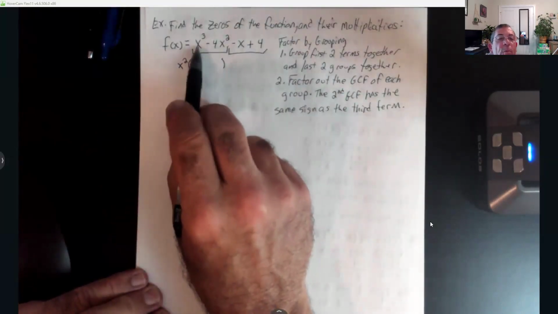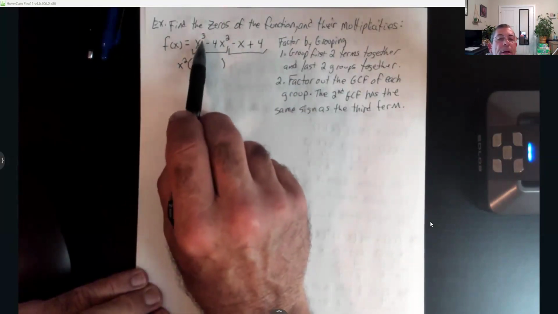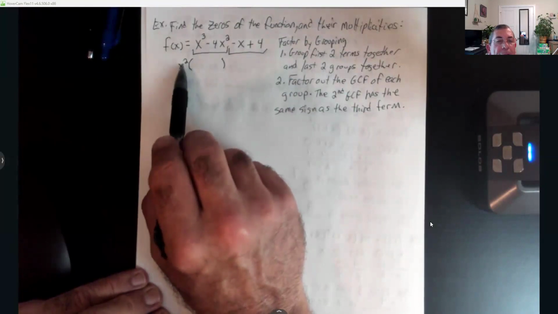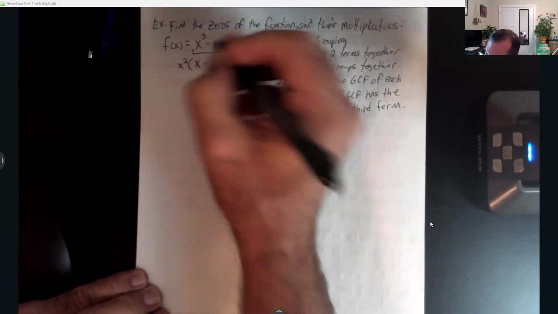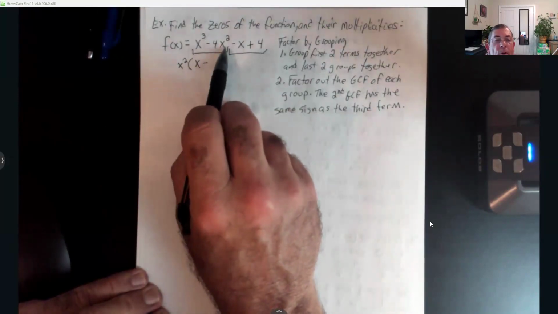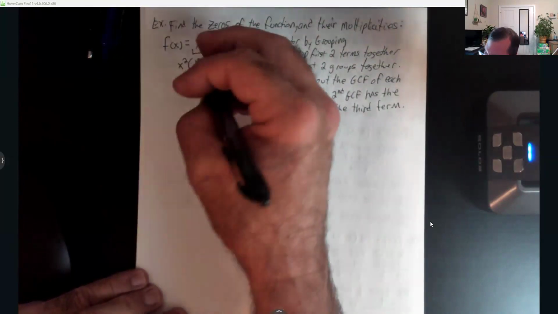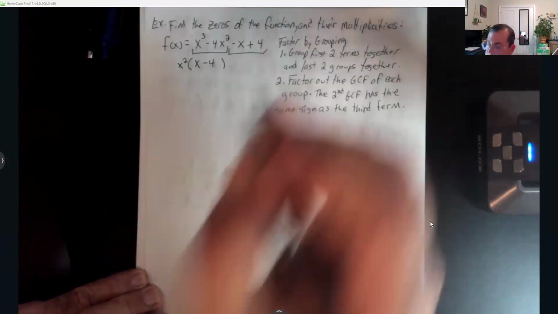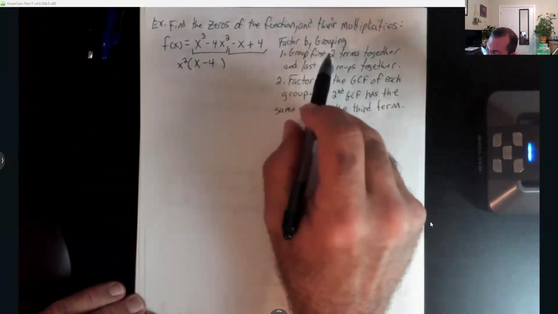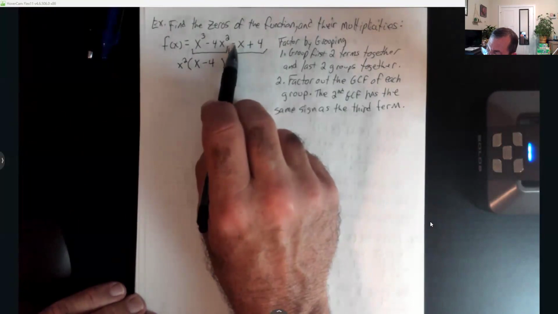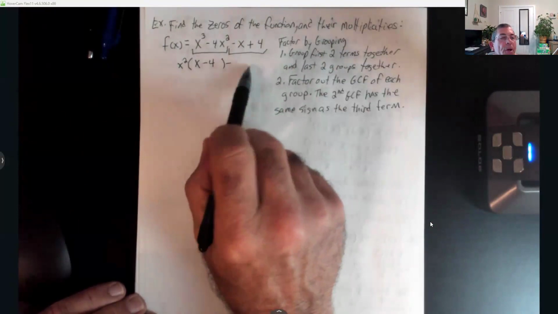What's left when we take an x squared out, we put in the parentheses. So y'all look here. X to the third, you take out an x squared, that's going to leave you an x minus. Well, if you have a 4x squared, you take out the x squared, that's going to leave us a 4. All right, y'all, check this out. We said the second GCF is going to be negative because that third term is negative. And y'all look at this.